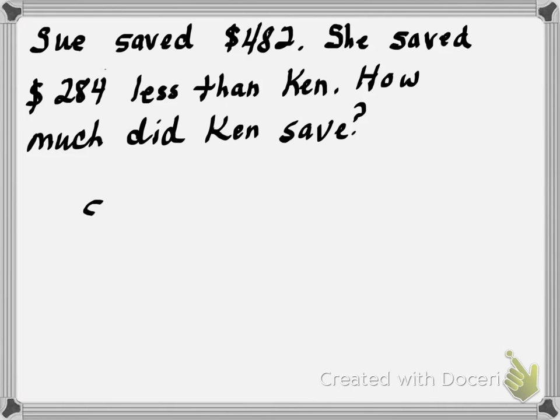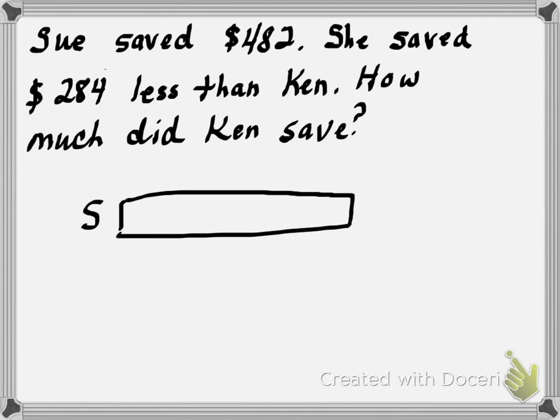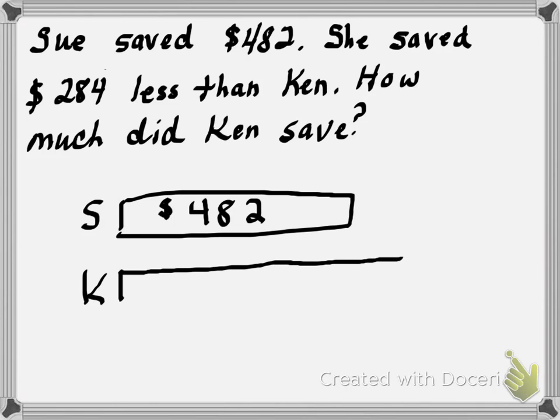So we know what Sue saved. That will go in Sue's bar, $482. We know Ken saved some money too. Okay, but we know that Sue saved $284 less than Ken. So I have to think that means Ken must have saved more than Sue.